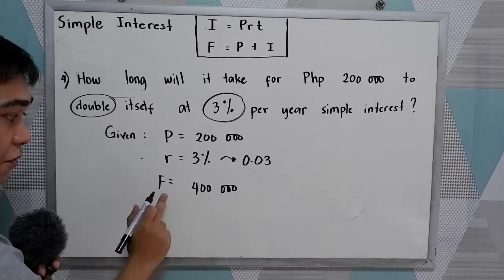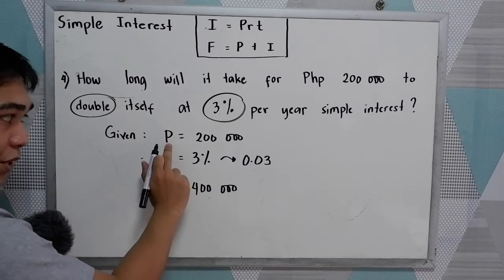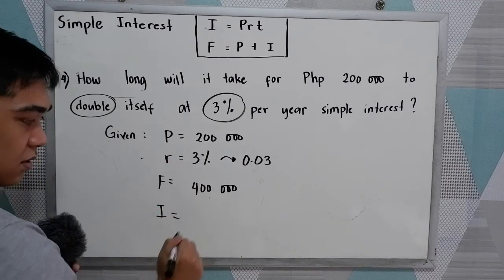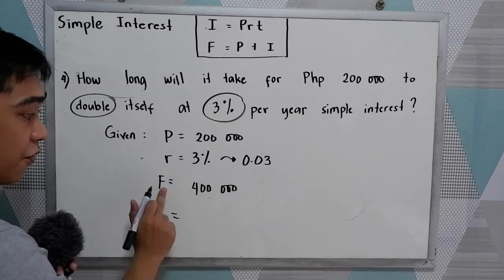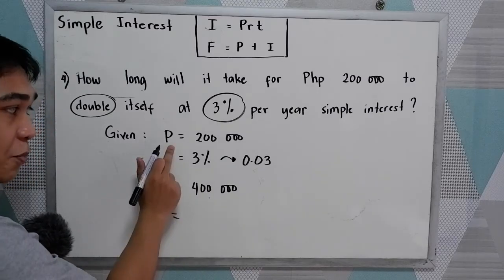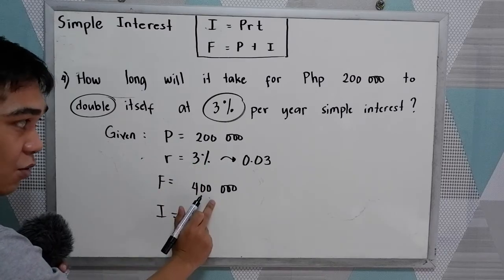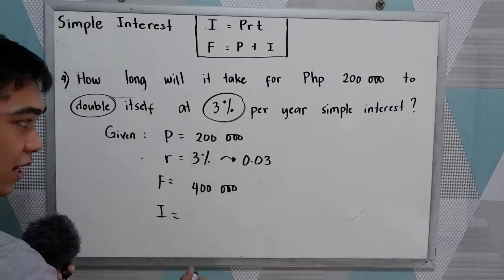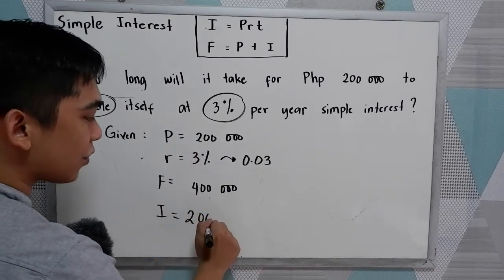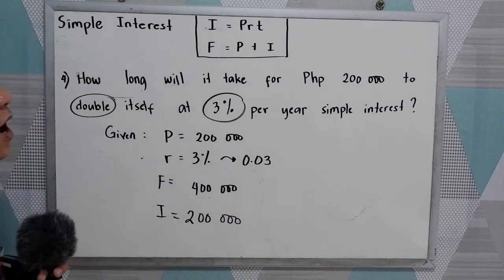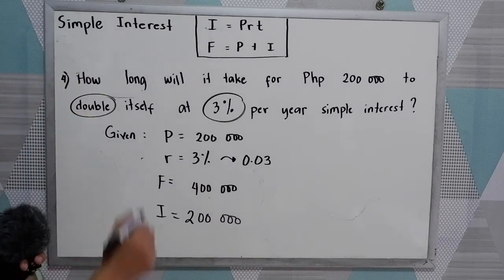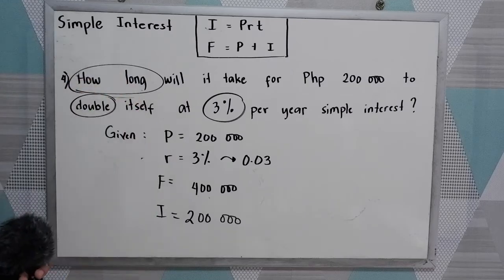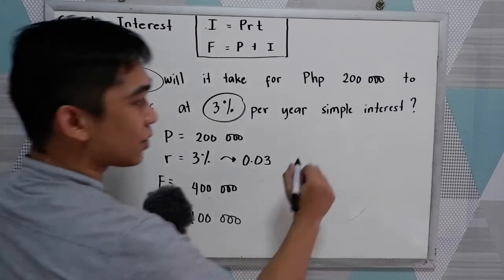And of course, if we have the future value and the principal, we can get the interest. So the interest is future value minus the principal. So 400,000 minus 200,000, that is 200,000. Now we are looking for the time. So how many years would it take to double the principal?